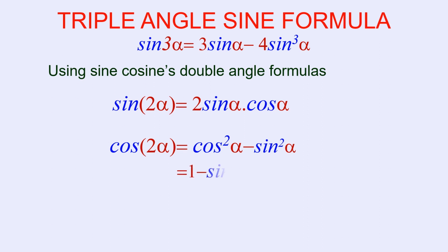And cosine's double angle formulas. Cosine of 2 alpha equals cosine squared alpha minus sine squared alpha. It equals 1 minus 2 sine squared alpha.